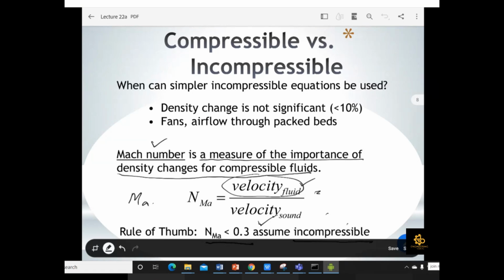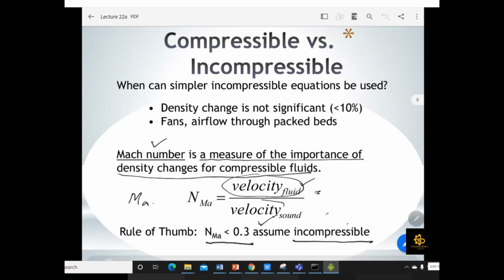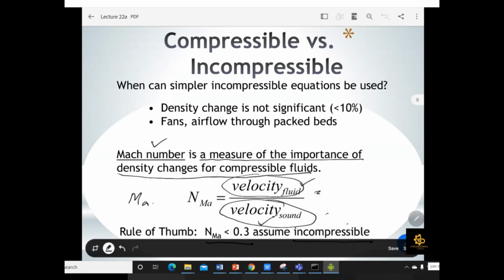The aeroplane is flying at a height of 18,000 meters, and the temperature at that height is, say, minus 23 degrees Celsius. So I have to calculate the velocity of sound at that temperature, and then I can calculate the Mach number.